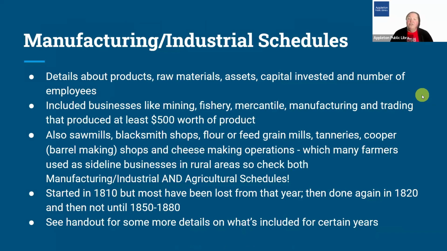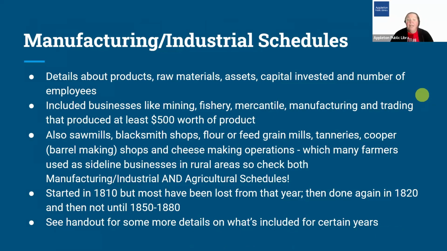Moving on to the manufacturing and industrial schedules. So these provide details about products, raw materials, assets, capital invested, and the number of employees in these different businesses. So these included businesses like mining, fishery, mercantile, manufacturing, and trading that produced at least $500 worth of product.